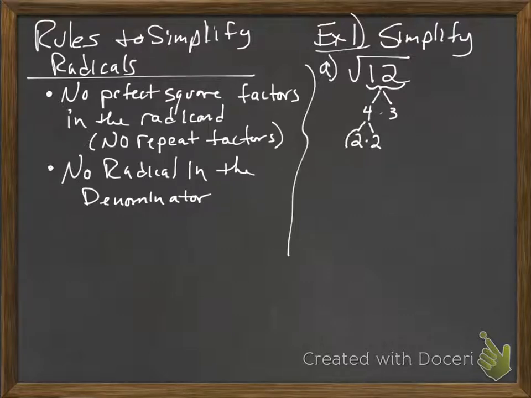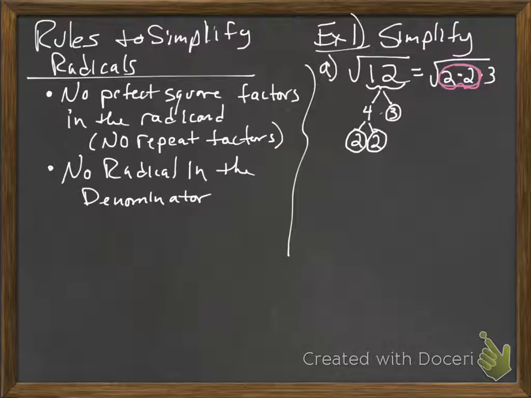Now I can't break 2 down any further, that's prime, so I'm going to circle those, and 3 I couldn't break down, that's prime. So I'm changing 12 into the product of 2 times 2 times 3. And if you double check and multiply that out, that's still 12, right? Well, the key here is I'm going to notice I have a pair of the same factors here.